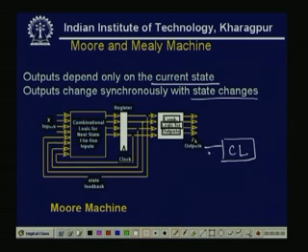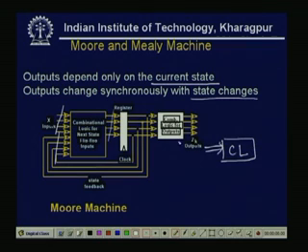The inputs come here, and this is a register, that means the present outputs of the combination logic are stored, and again these outputs are fed back to the combination block as the remaining inputs, and the output depends on the current state.